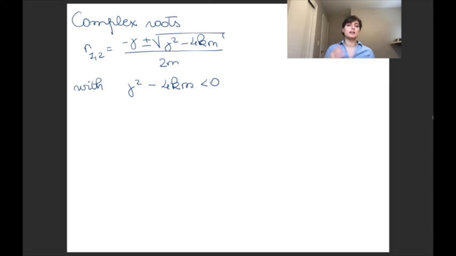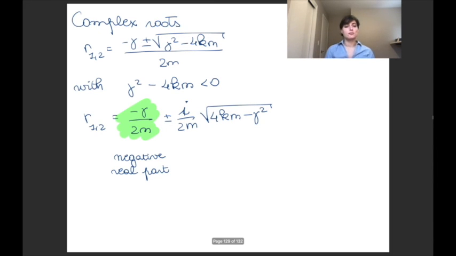What happens for complex roots? In this case, gamma squared minus 4km is negative. If we write down everything, the roots are minus gamma divided by 2m plus or minus an imaginary number, divided by 2m, times the square root of 4km minus gamma squared. Now 4km minus gamma squared is positive, so that square root is real.